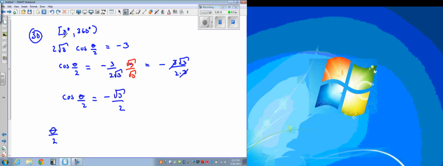From 0 to 180 degrees, because we're going to double it. So where in the range from 0 to 180, but let's do it in degrees, because it's supposed to be in degrees. Okay, so this is 150.